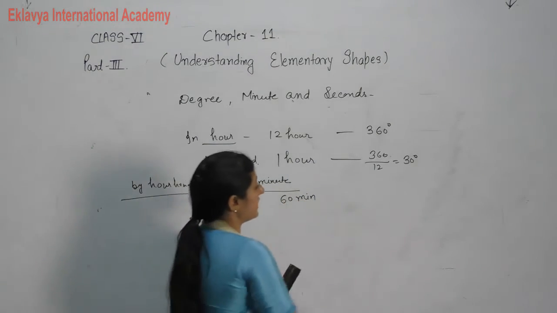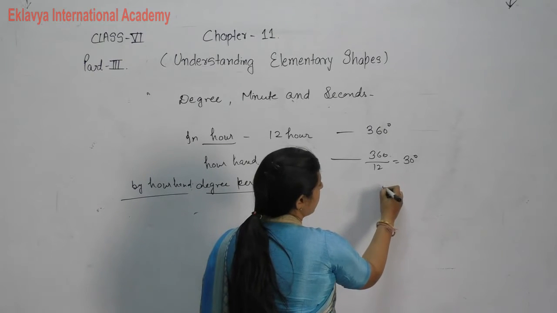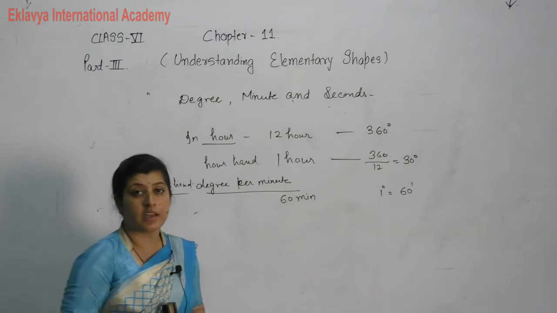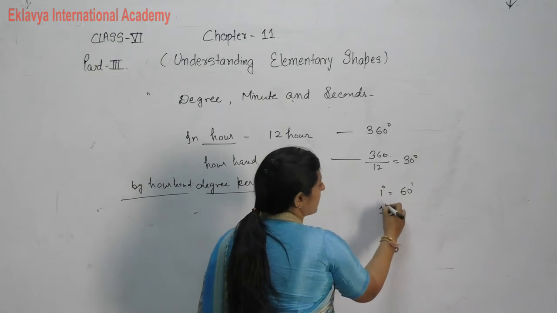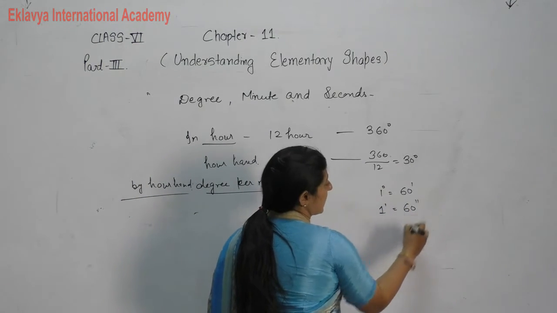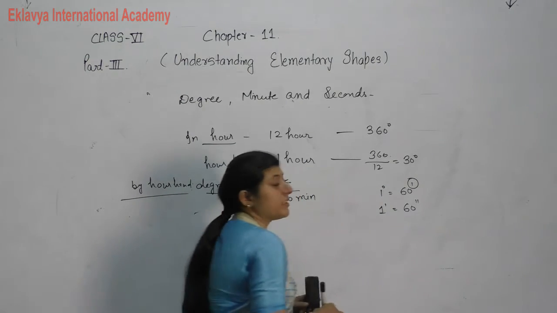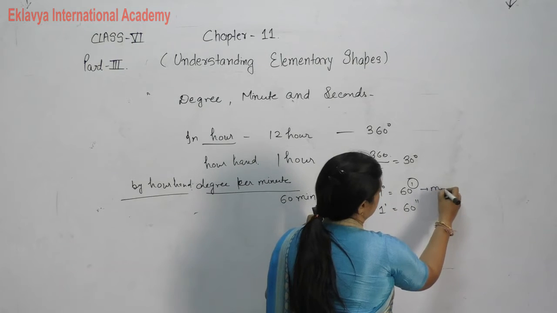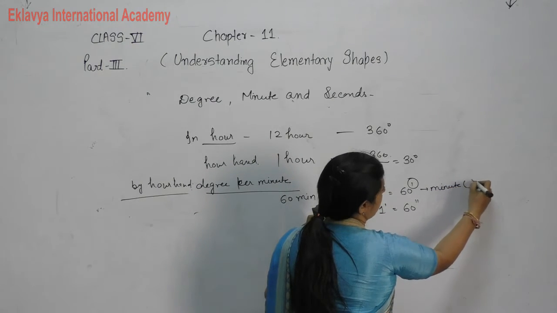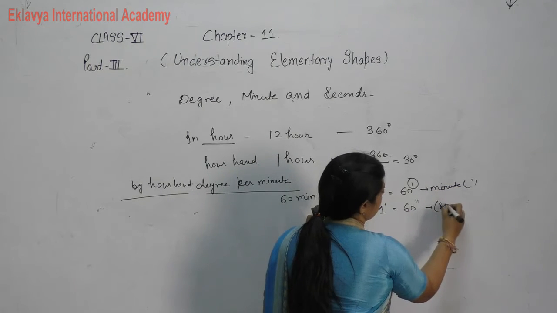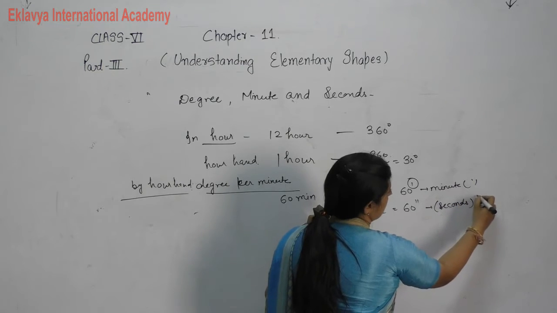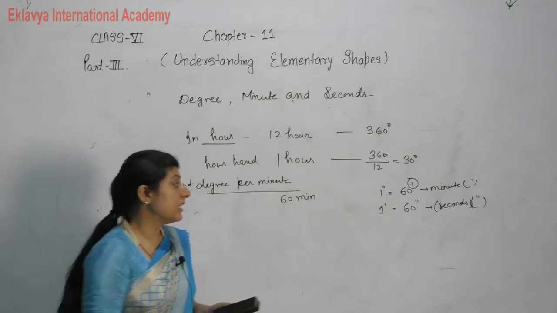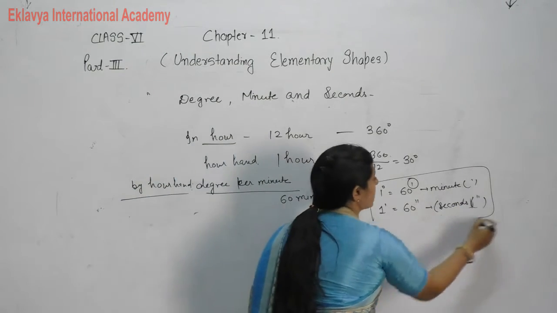And 1 degree is equal to 60 minutes, and 1 minute is equal to 60 seconds. If we show it by 1 dash, that is called a minute, and 2 dashes, seconds.